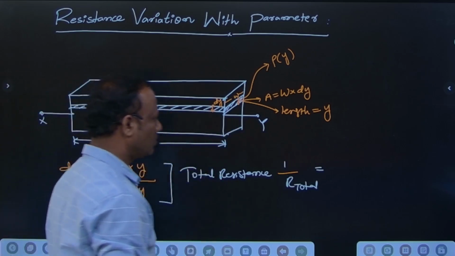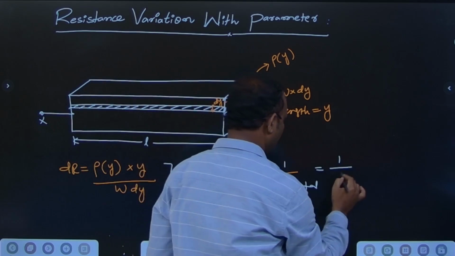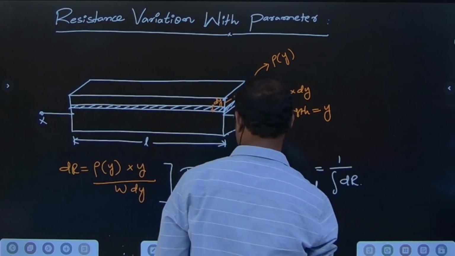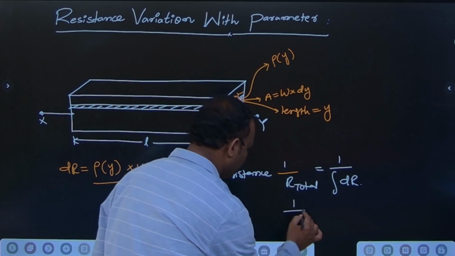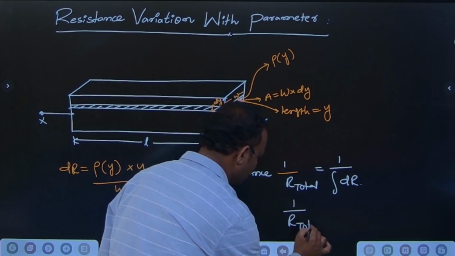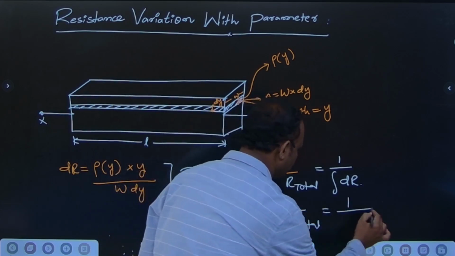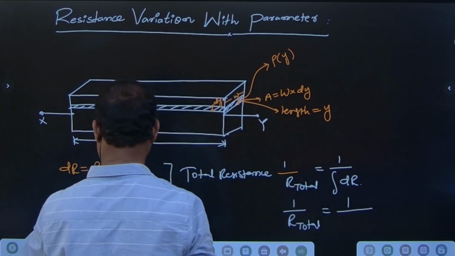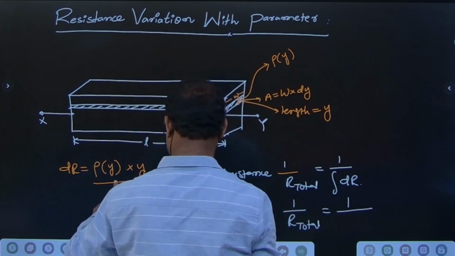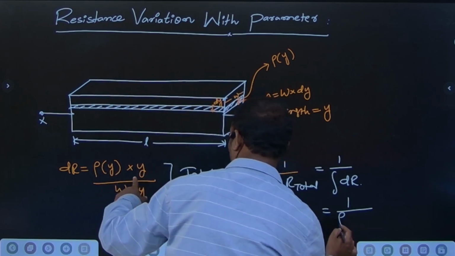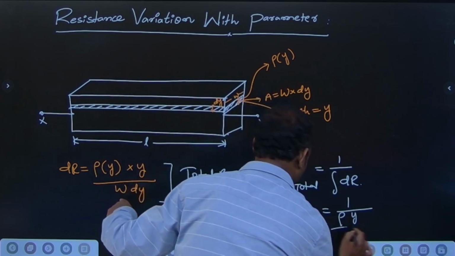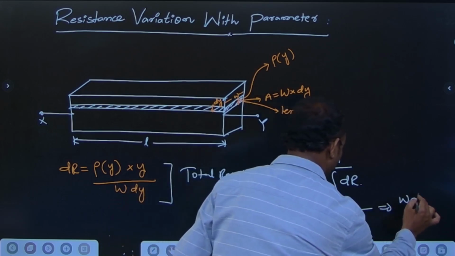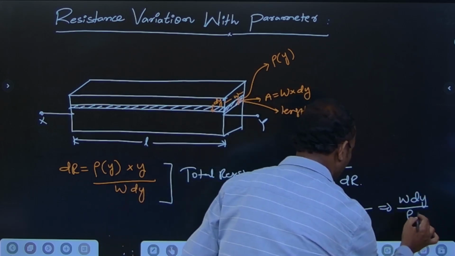So 1 by R total is equal to integration over 1 by dr. What is dr here? It becomes the reciprocal: rho y by w dy, which means w dy by rho y.